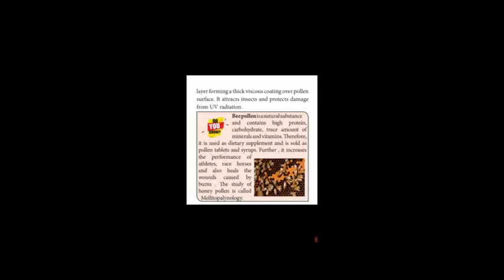It is an oily layer forming a thick viscous coating outside the pollen wall. Due to this oily nature, it attracts insects for pollination. That is one of the functions. Another function is that it protects the pollen grains from ultraviolet radiation.